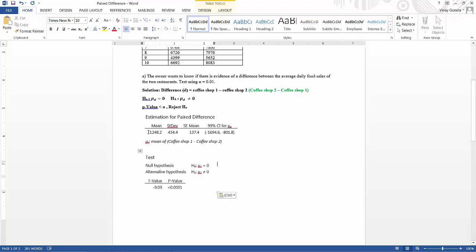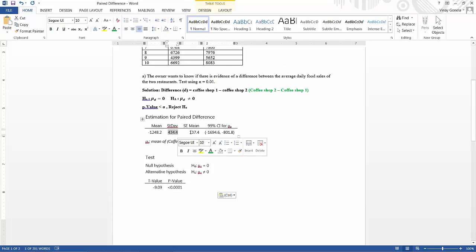Now it says our mean for the paired difference is negative 1248.2. So it's a negative value. That means coffee shop 1 minus coffee shop 2 gives us a negative mean. So coffee shop 2 might have larger numbers compared to coffee shop 1. The standard deviation is 434.44.